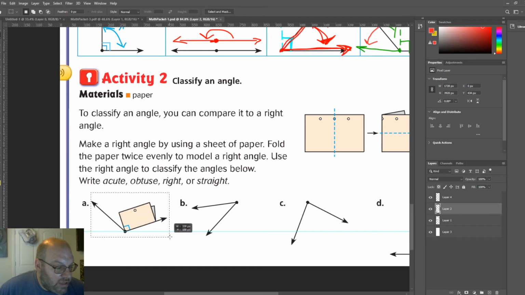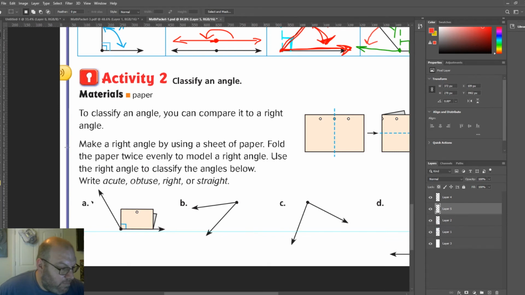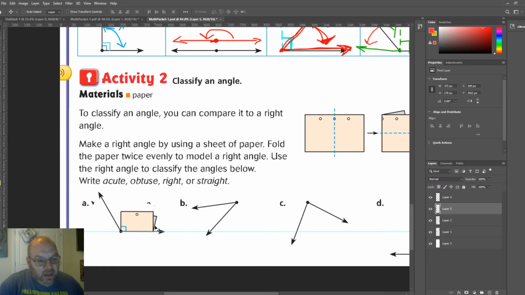And what you have to do is move your angle around so you can tell. And I'm going to try to do that right now. So if we move that to get even with that blue line down there, to get even with that blue line, see? And then we can draw in our right angle.